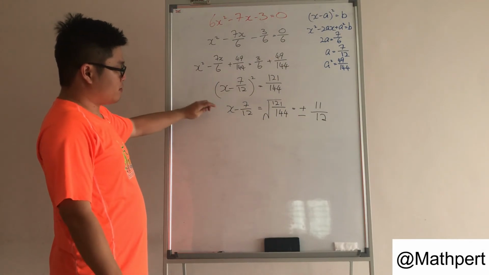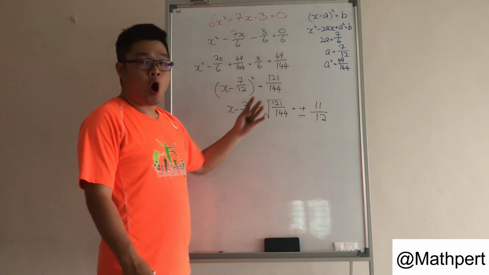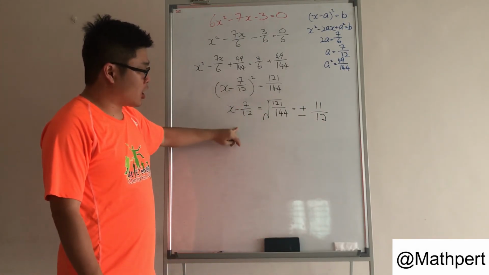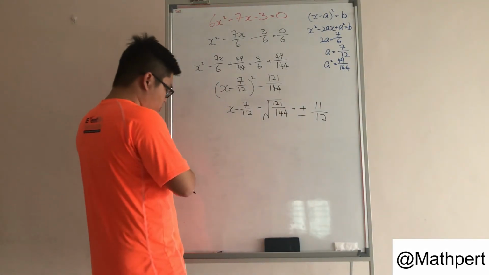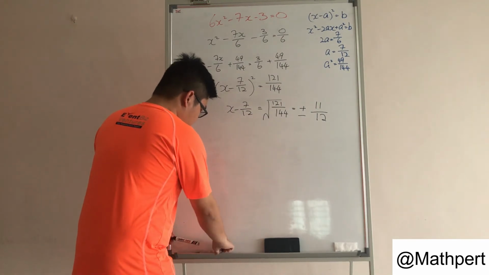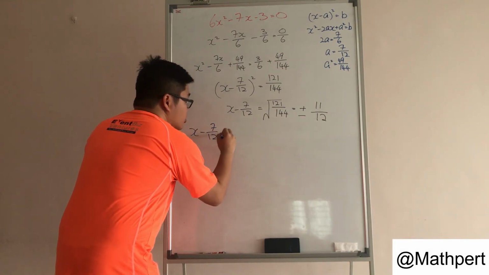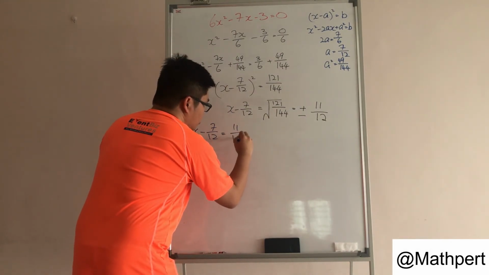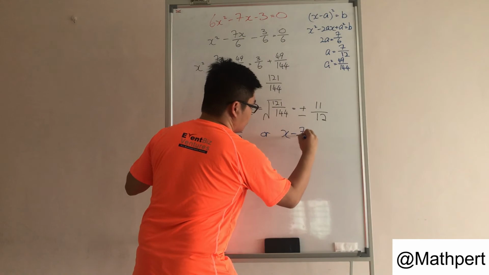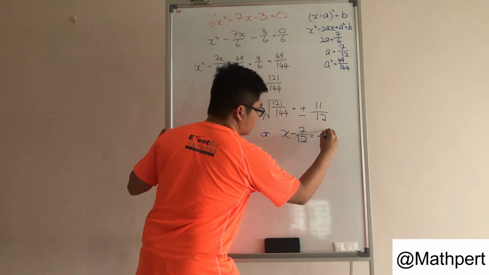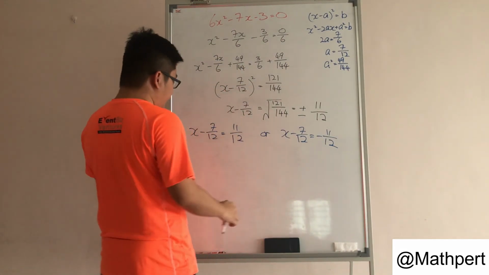So there are two parts. X minus 7/12 equals positive 11/12, or x minus 7/12 equals negative 11/12. So write it separately. X minus 7/12 equals 11/12, or x minus 7/12 equals negative 11/12. We solve this separately.